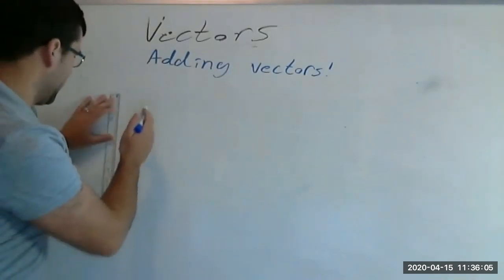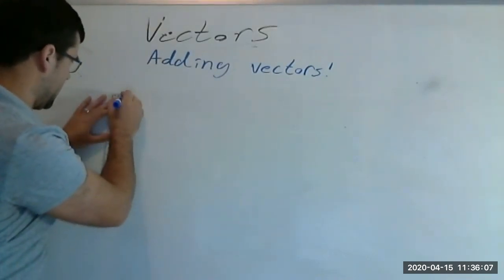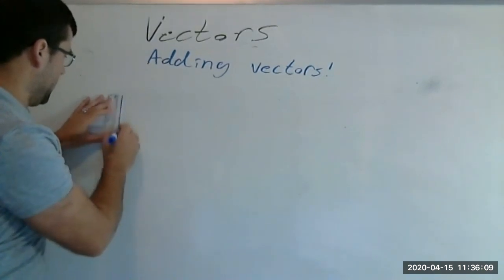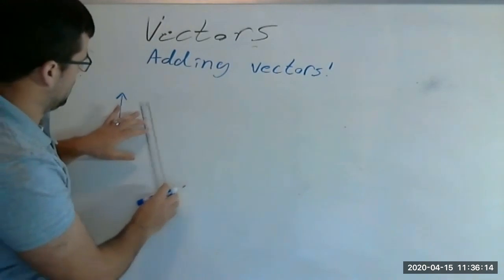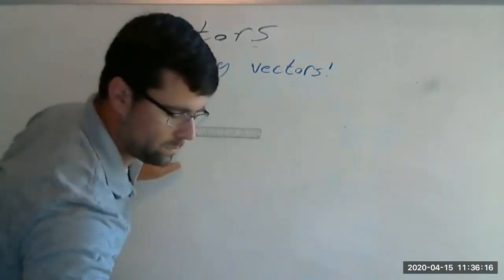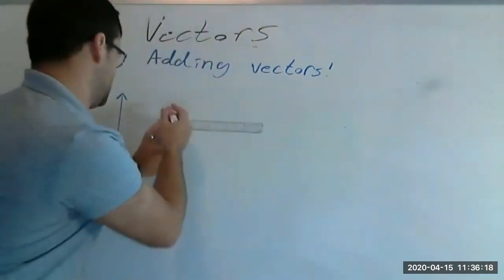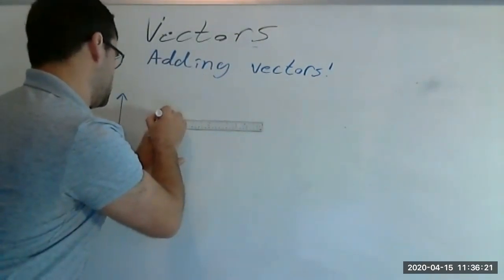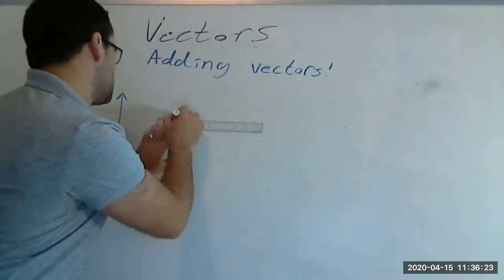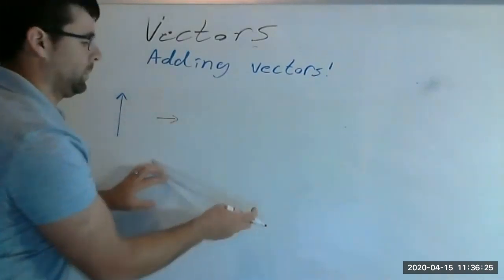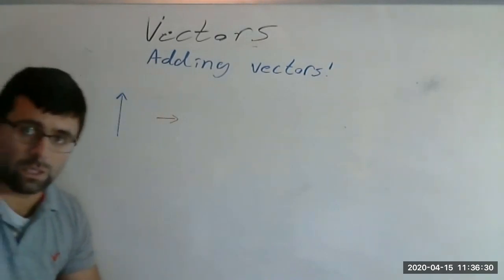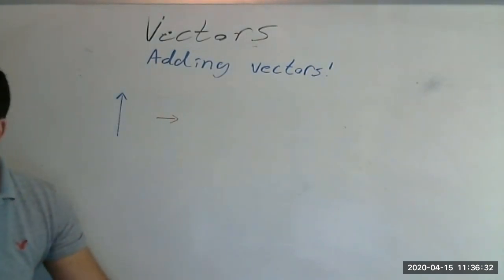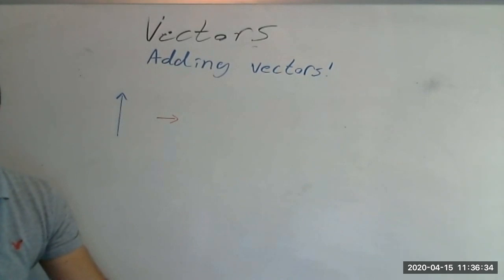It's kind of funny to think about, I know that, but just go with me. So these are my two vectors. How do I add them?